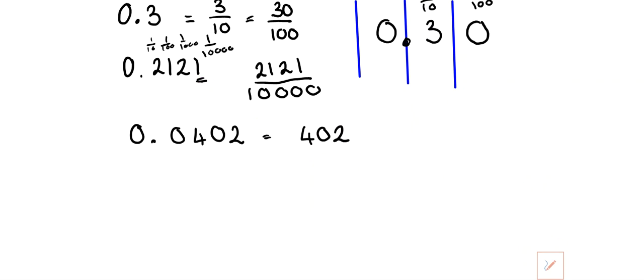Same value here, isn't it? So this is the tenths. This is the hundredths. Sorry, this is the thousandths, and the 2 is the 10,000. So it's again 402 over 10,000. The reason why I gave you that one is hopefully you don't get confused by extra zeros and things. You just look at the place value there.